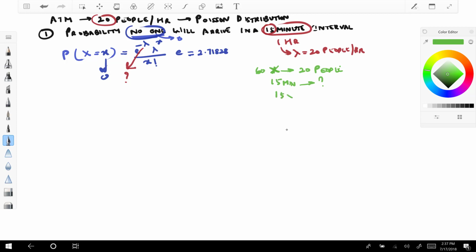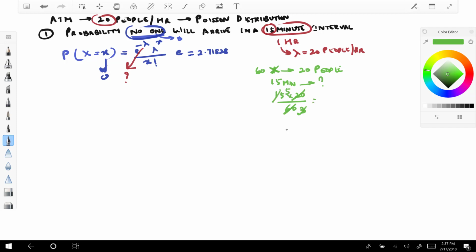We can do 15 multiplied by 20 divided by 60. So this is going to give us 5.